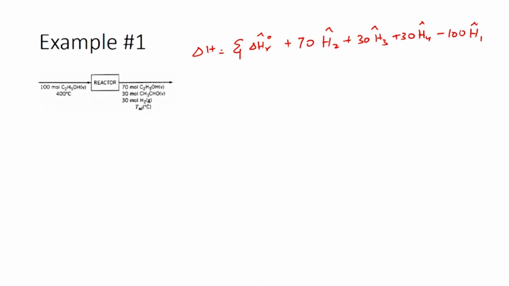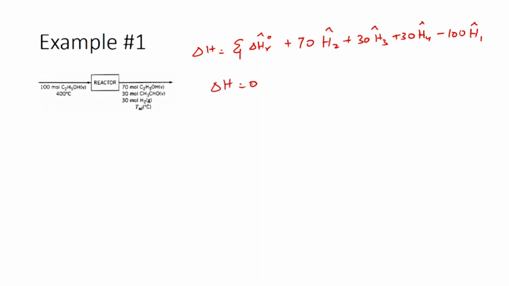If you substitute the values for H2, H3, H4 in the form of the polynomials, and we already have the numerical values for the extent of reaction and the heat of reaction and also for H1 cap, we can get the value for delta H. We know that because it is an adiabatic process, delta H is equal to 0.